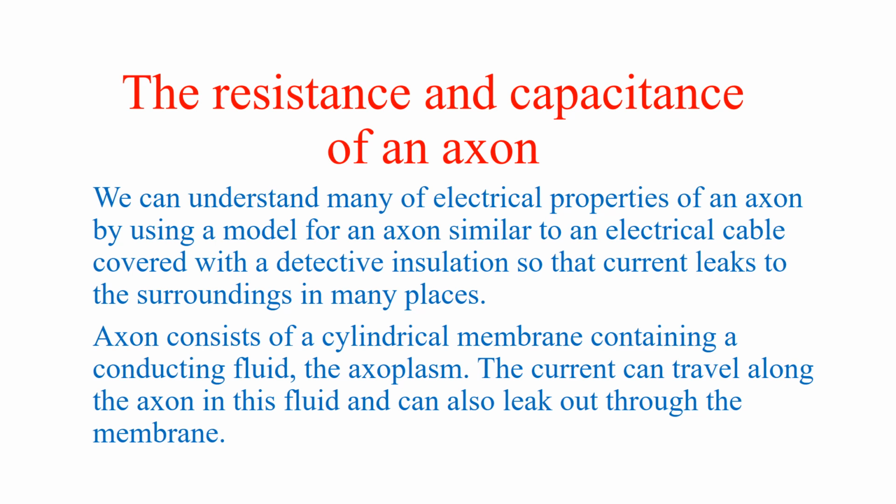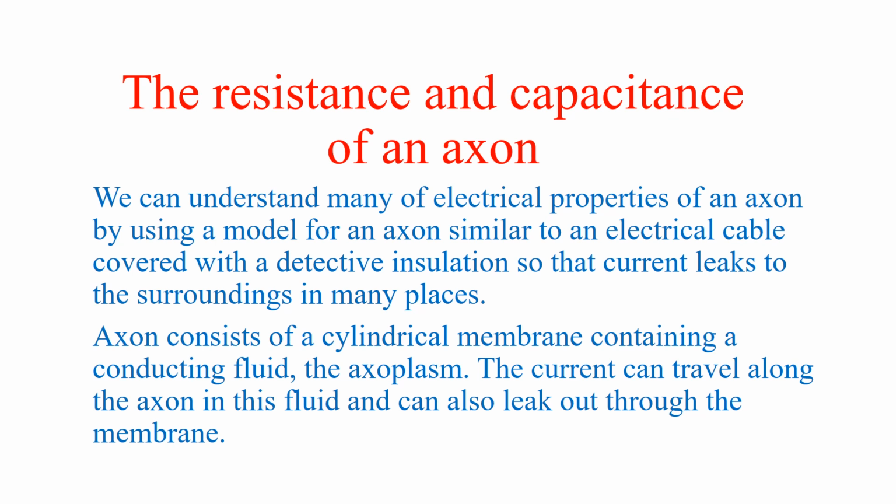This insulator is in the form of a thin flat membrane that allows the current to leak out to the surrounding interstitial fluids in many places, because its resistance is really much smaller than the resistance of the axoplasm in the axon.